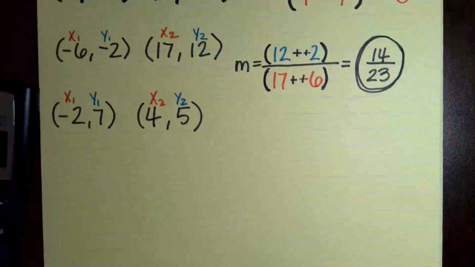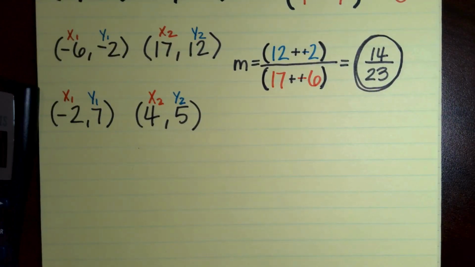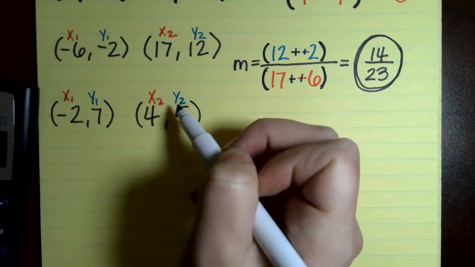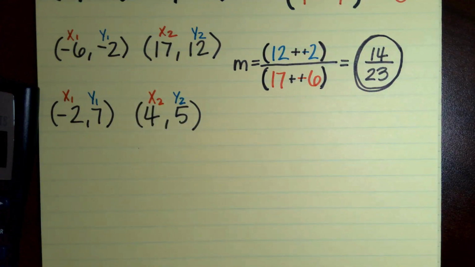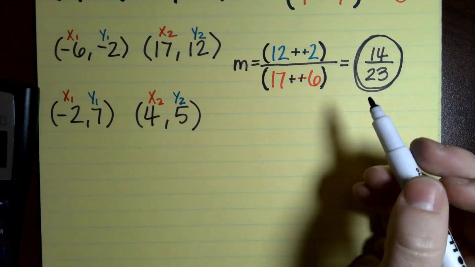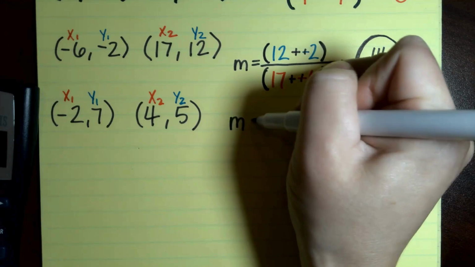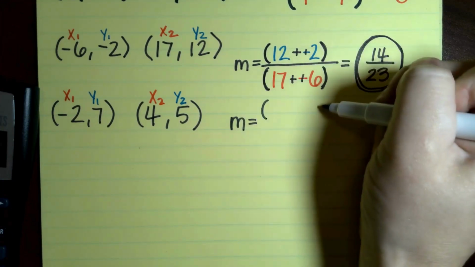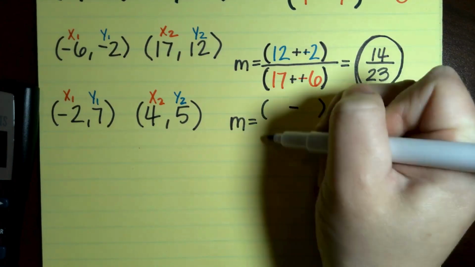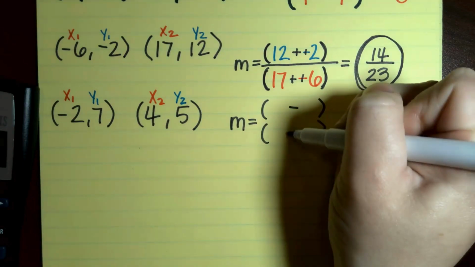So we need to remember that slope is rise, or up and down, over run, or left and right. Our y values are the ones that go up and down. The y is the rise, the x is the run. So let's go ahead and plug those in and keep that in mind. Our y's go first, then our x's.